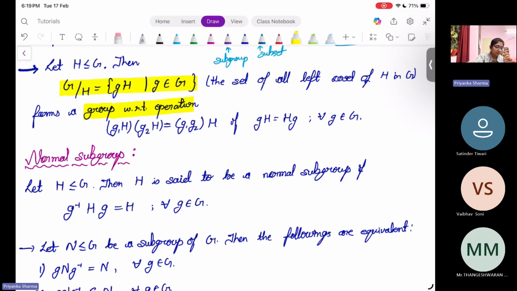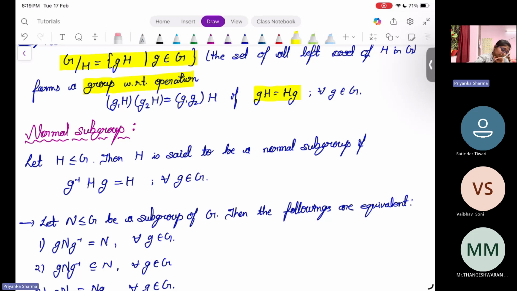So this is a group, but only if we have the condition that gH equals Hg, that is, the left coset with respect to any element g is the right coset with respect to the same element. If gH and Hg are the same, then the set of all left cosets of H in G, and similarly the set of all right cosets, will form a group. But keep in mind that this condition is necessary.